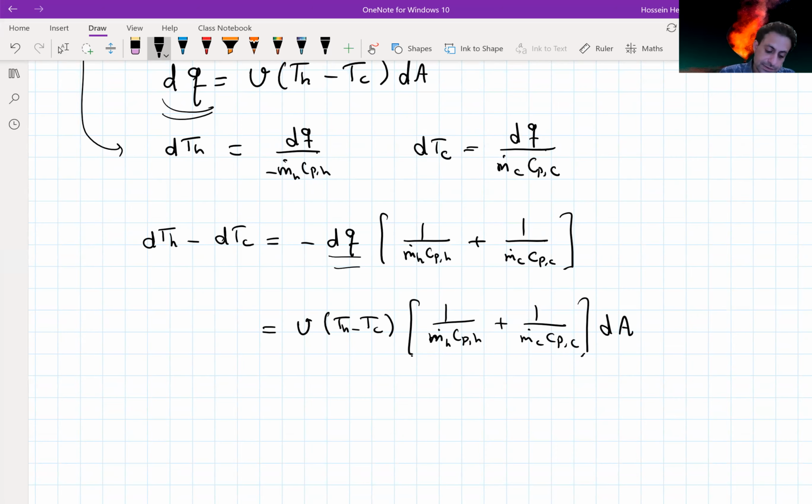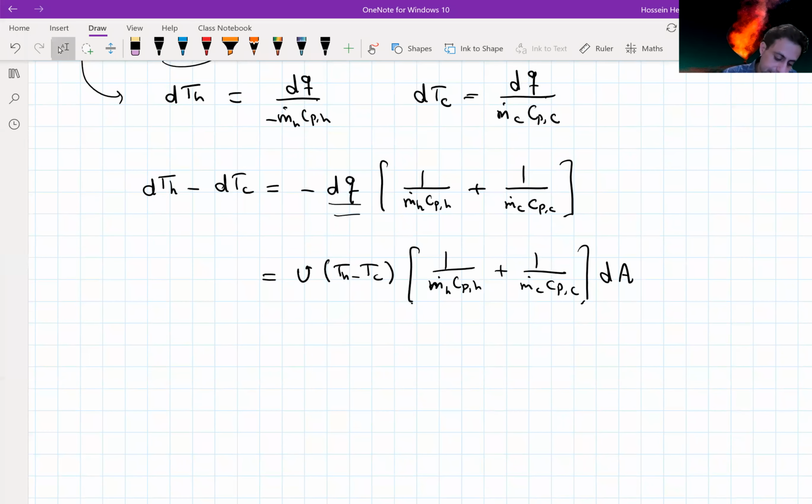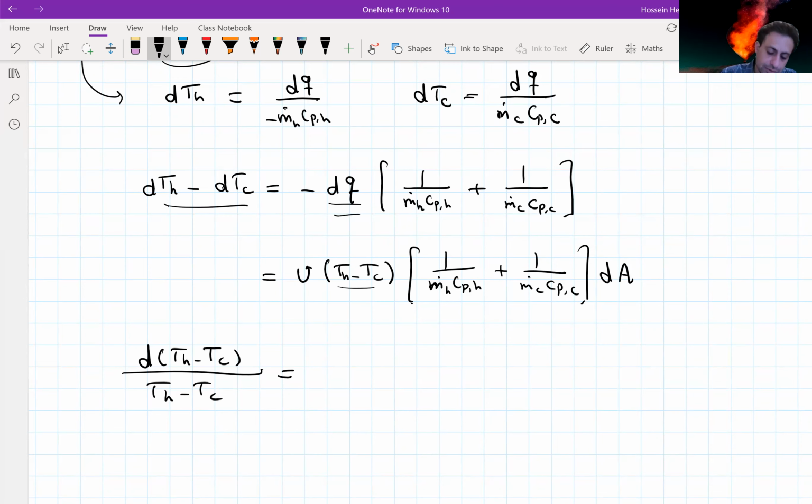If I bring all the temperatures to one side and do the integration, we have d of (Th minus Tc), divided by (Th minus Tc), equal to minus U times (1 over m dot h Cph plus 1 over m dot c Cpc) times dA.